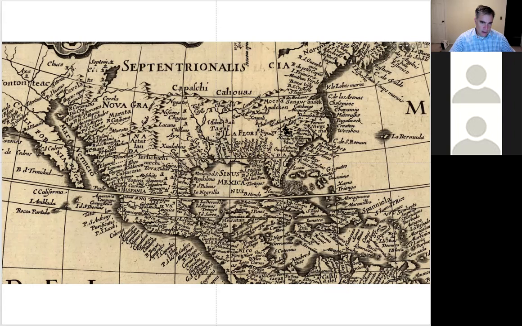begun to shape up, and you can tell by the lack of mountains here in the southern part of what is today the United States, that obviously somebody had been exploring into that area. So by 1640 in fact was about 100 years, exactly 100 years after the most comprehensive Spanish exploration party went through the southeastern United States.